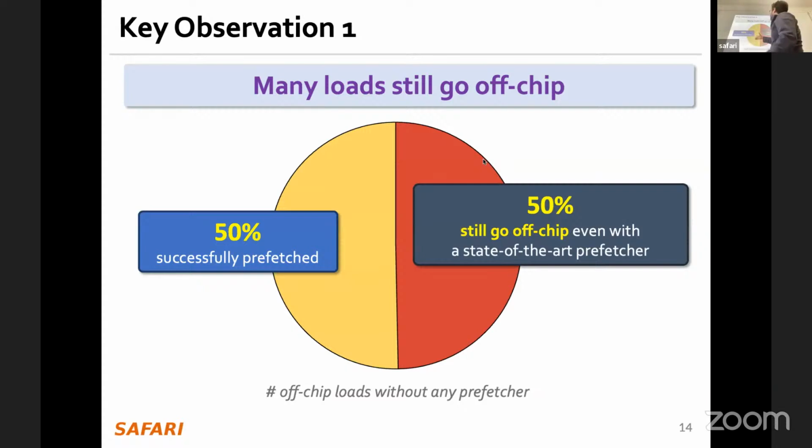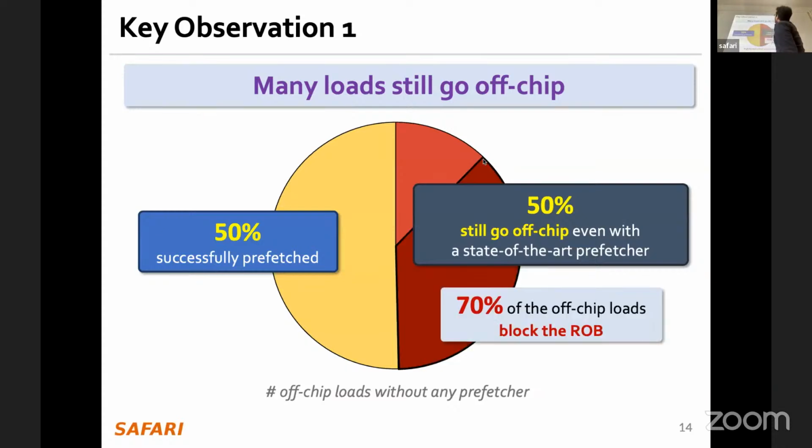It basically says that whatever prefetching and pattern matching algorithm we have, they have headroom left. And if you look into this remaining 50%, 70% of that are still blocking the reorder buffer. So this dark red section is the main culprit for the performance limitation.